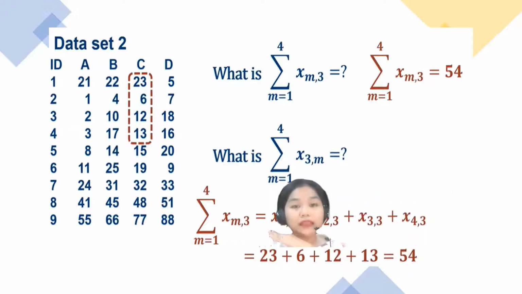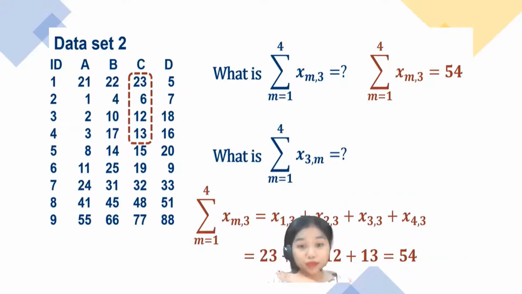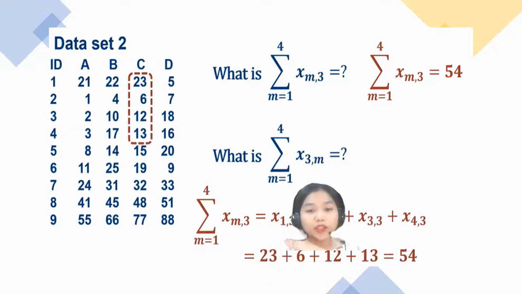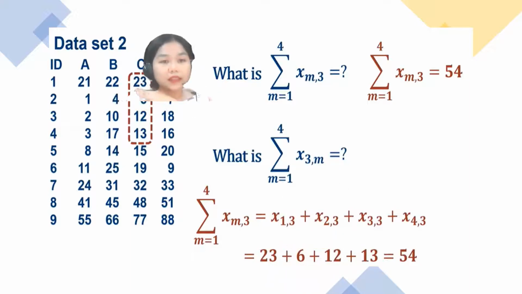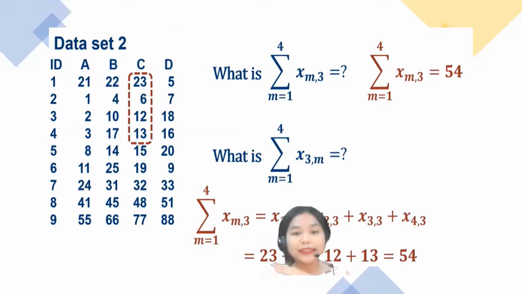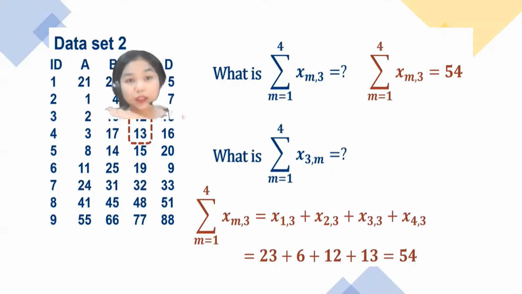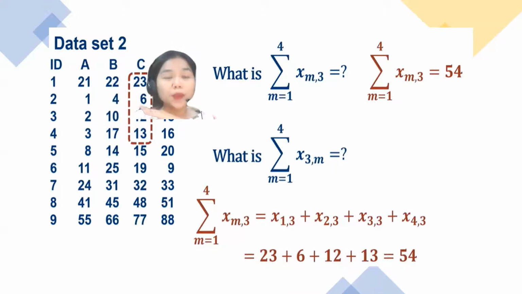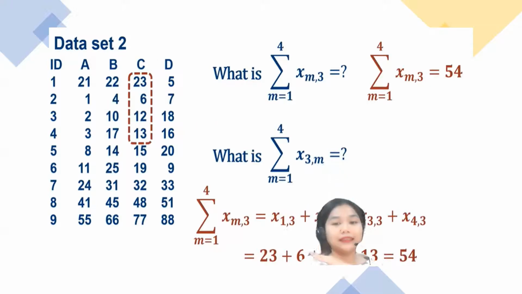We then specify the values corresponding to each position. x13, or first row, third column, is 23. That's why we have written here 23. And then x23, or second row, third column, is 6. So, simply write 6 here.